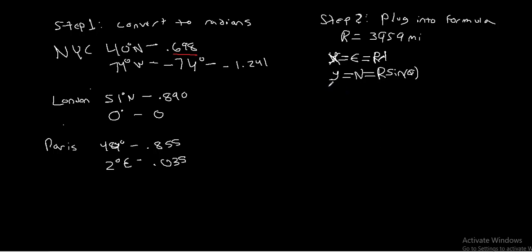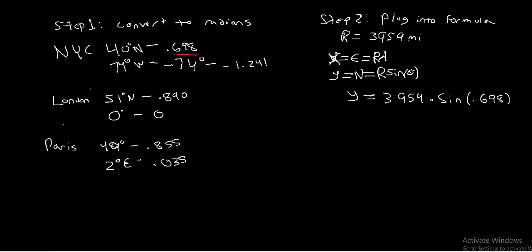Now let's plug in some values and get some results. Let's start with New York. We have the value here in radians. This is our northing, so we're going to plug it into this equation first. Our y is equal to r, which is 3,959, times the sine of theta, which is 0.698.